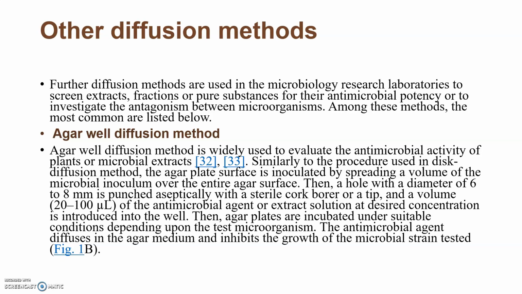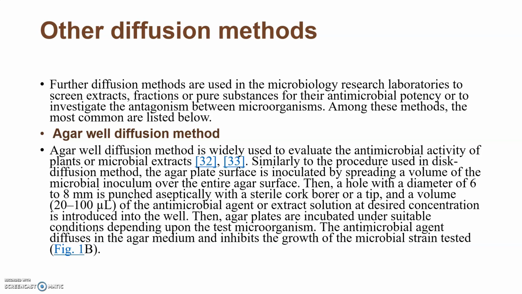First one is the agar well diffusion method. It is widely used to evaluate the antimicrobial activity of plant or microbial extracts. It is similar to the procedure used in the disk diffusion method. Like disk diffusion, the agar plate surface is inoculated by spreading a volume of microbial inoculum over the entire agar surface.